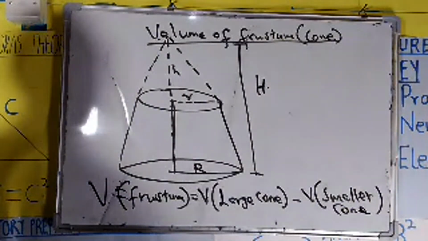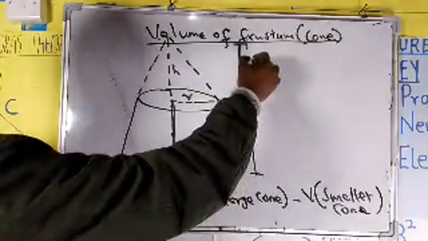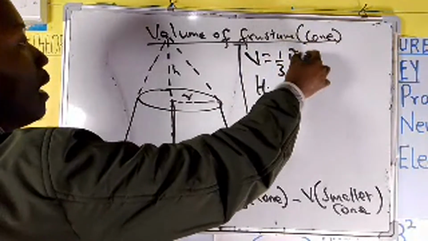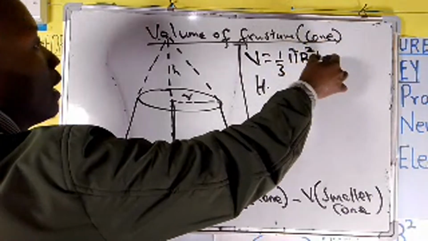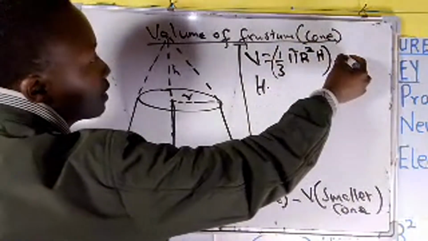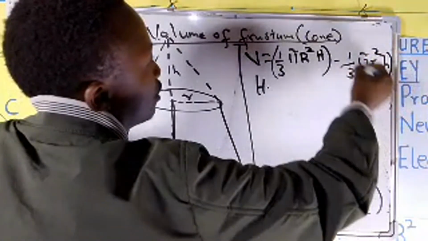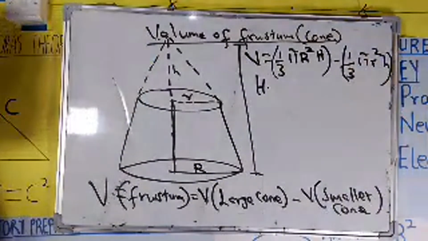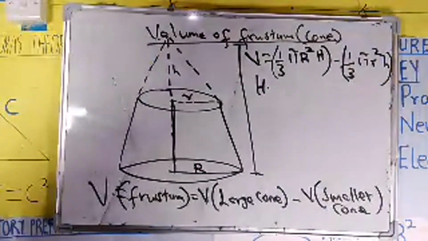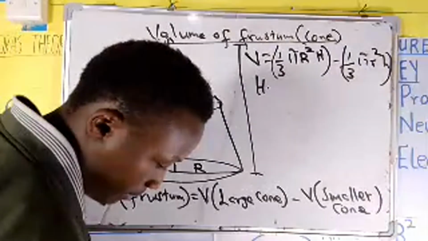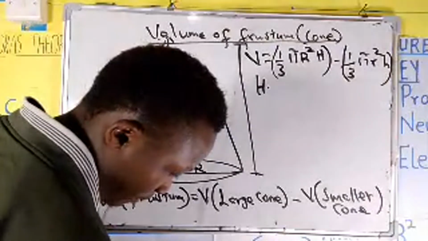The volume is going to be a third pi r squared h minus a third pi r squared h. That is how we determine the volume of the frustum of a cone.